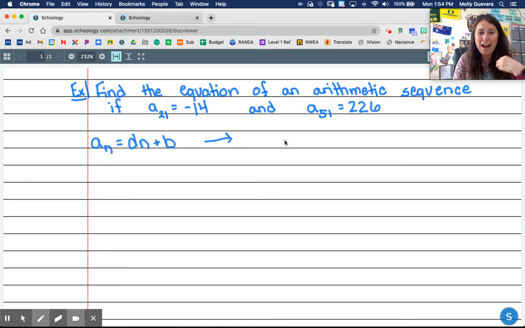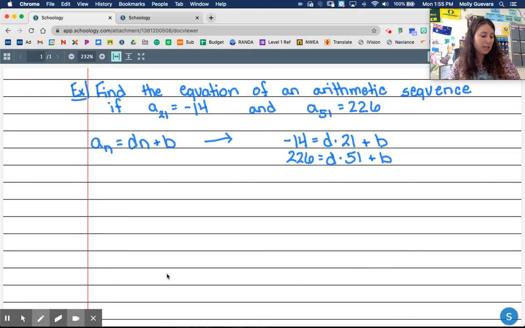So then we can go ahead and plug in my values. I know that I will get out negative 14 if I plug in 21. So n is 21 plus b. I don't know d, I don't know b. I also know that I will get out 226 if I plug in 51.